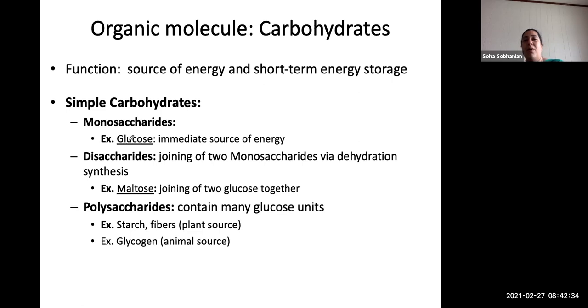So the second part is short-term energy storage. So when we're thinking about glucose, let's say you ate a piece of bread, and this is an example, again, arbitrary numbers. Let's back up. You ate 2 pieces of bread, okay? But at that time, your body only needed 1 piece of bread in terms of glucose, in terms of source of energy.